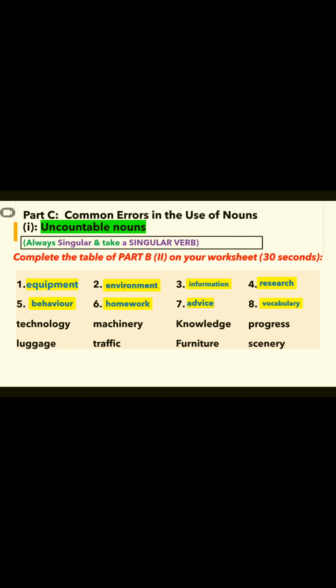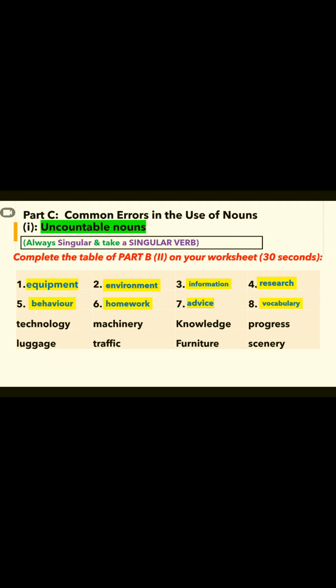So besides these 8, we have technology, machinery, which means a group of machines, knowledge, progress, luggage, traffic, furniture, and scenery. All these words are examples of uncountable nouns. Don't make them plural.